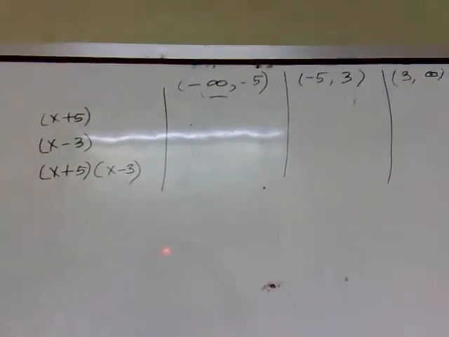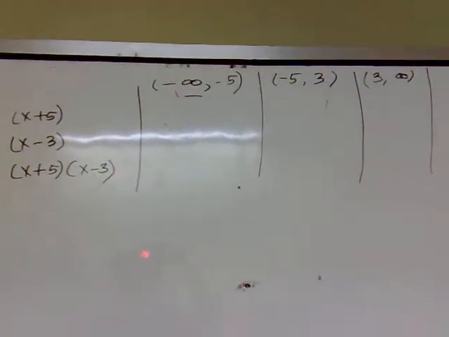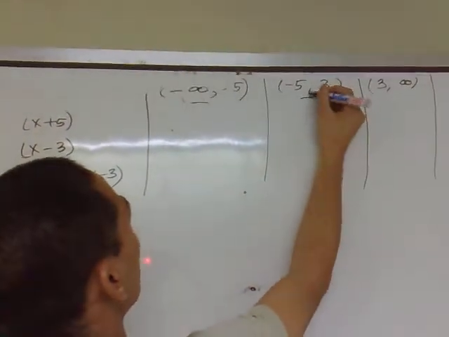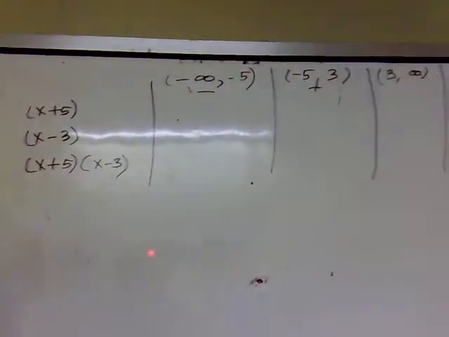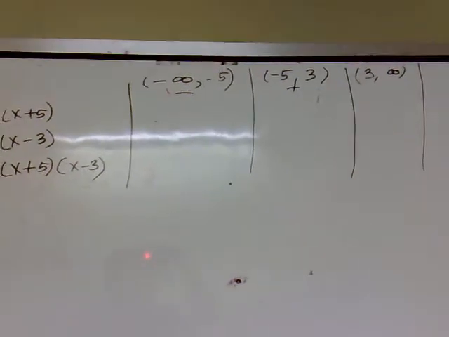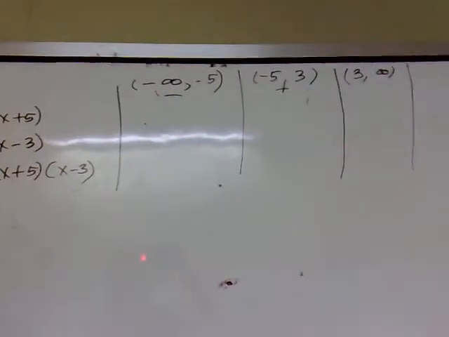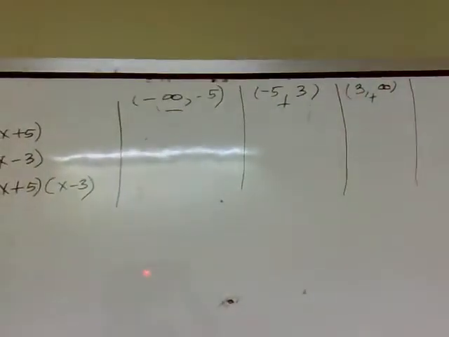My best number on this one is 0. 0 plus 5 is positive 5. Therefore, it's positive. I'm going to name a value between 3 and positive infinity. I'm going with 4. 4 plus 5 is 9, so I'm going to set this as positive.